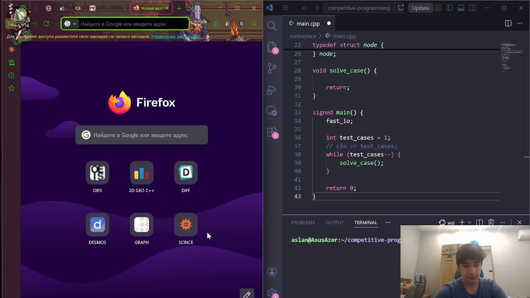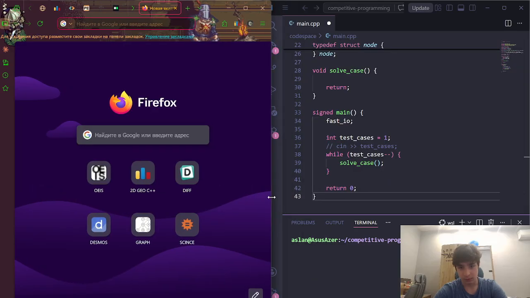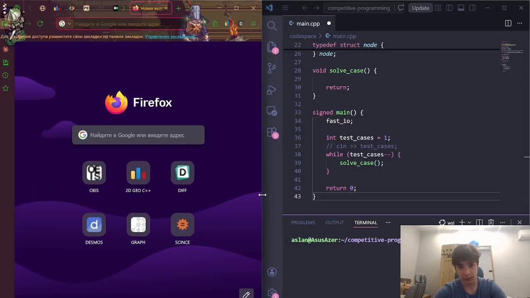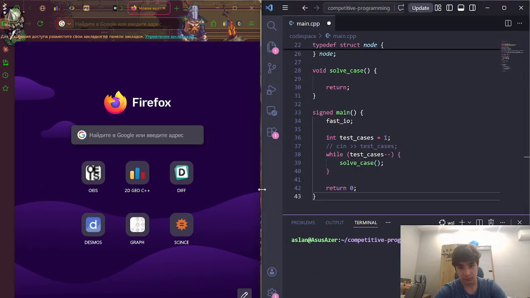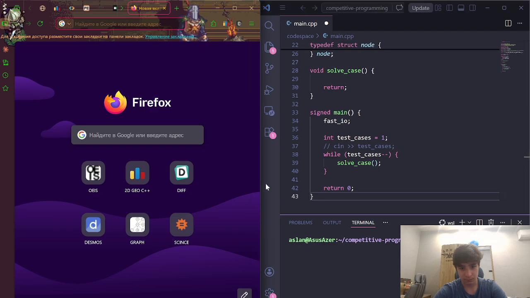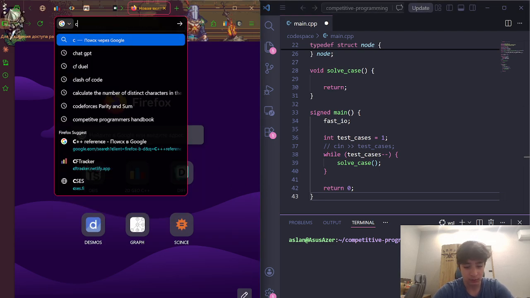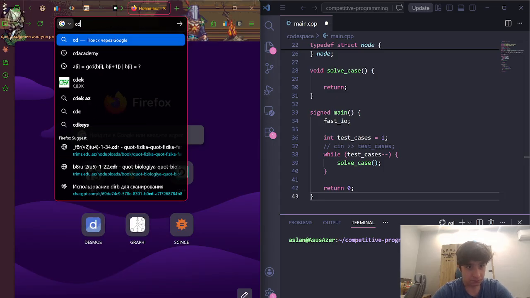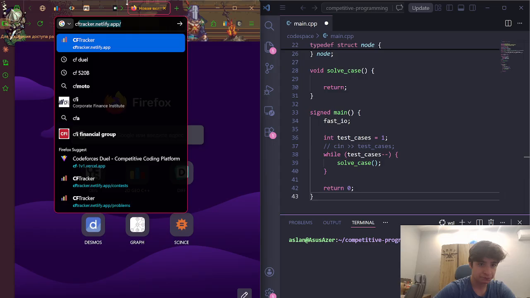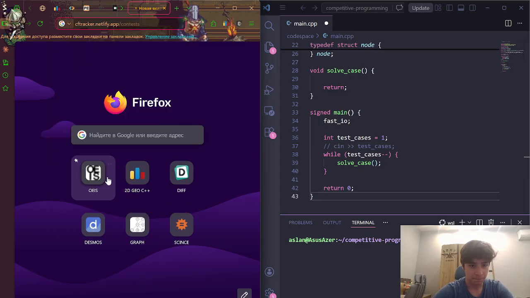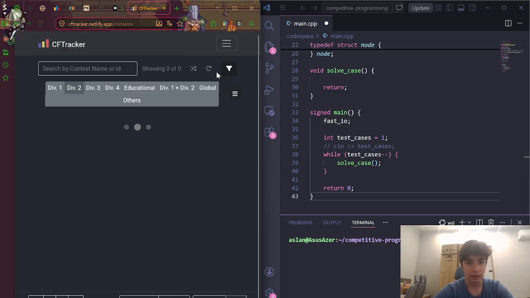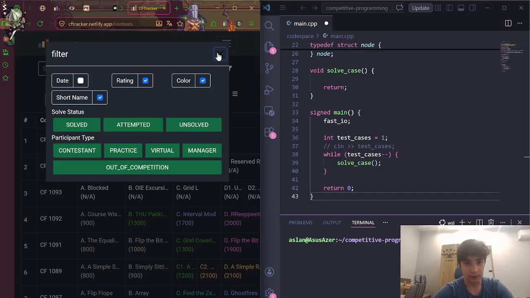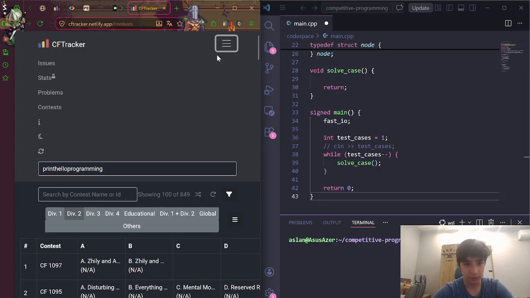I like to open CF Tracker right now and see some interesting tasks from there. Let's start by tasks, mainly problems.